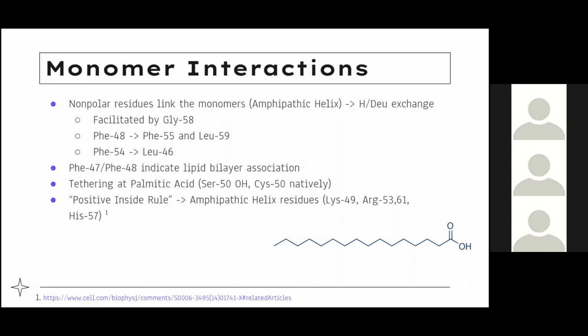The approach of these monomers is facilitated by very small glycine 58 and is strengthened by interactions between phenylalanine and leucine. As we can see here, there's a couple interactions. And there's a specific sequence on the monomers, phenylalanine 47 and 48, that indicate lipid bilayer association, which is consistent with what we thought the function of some of the helices were.